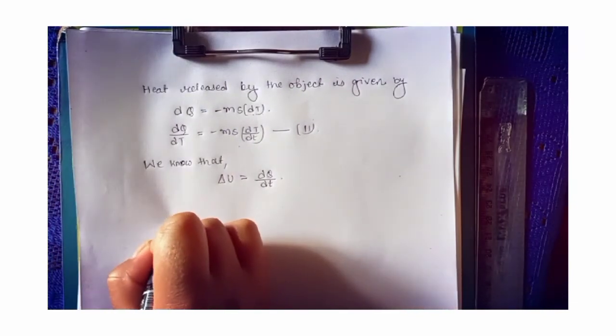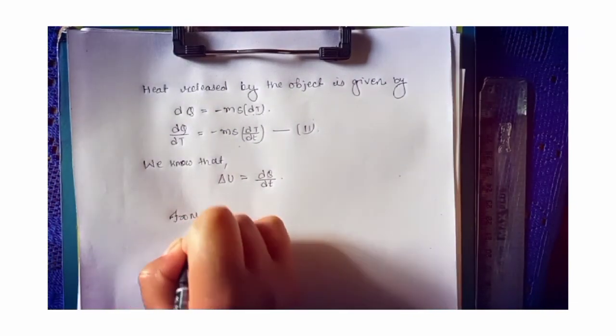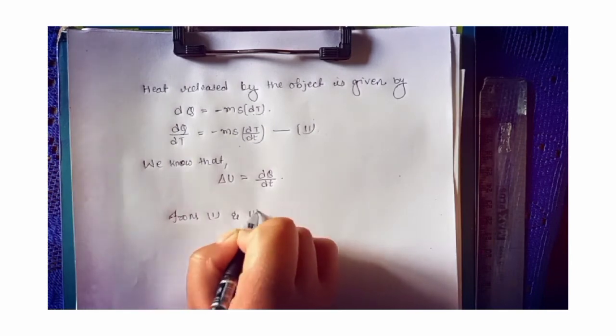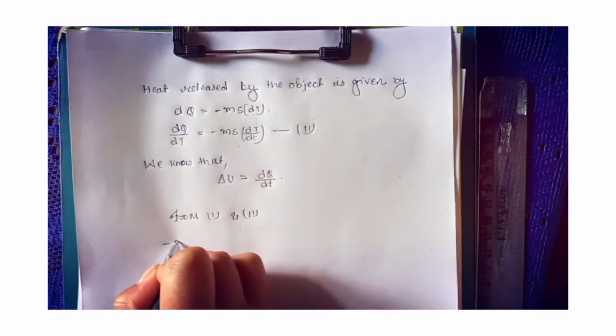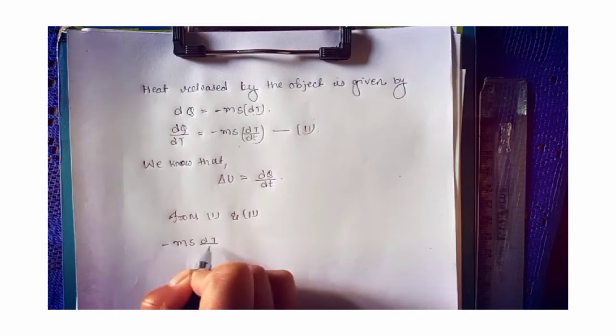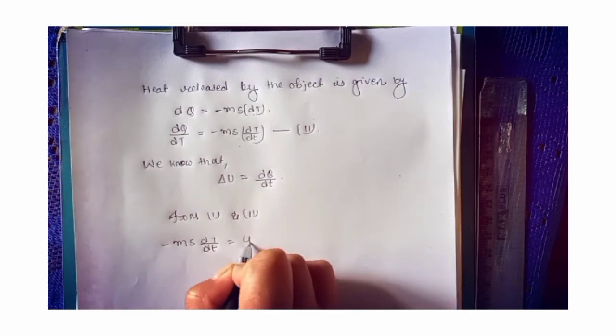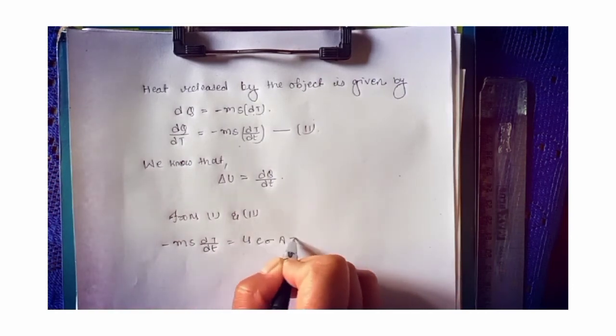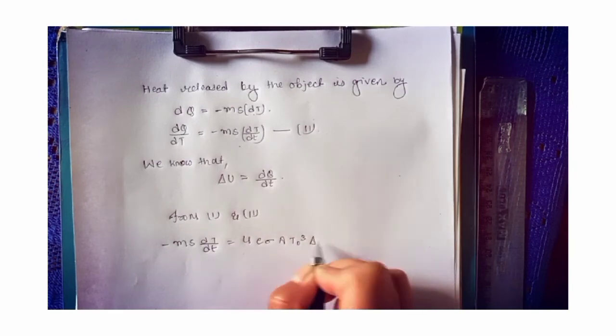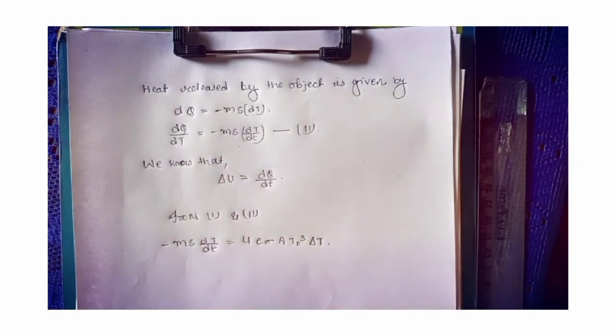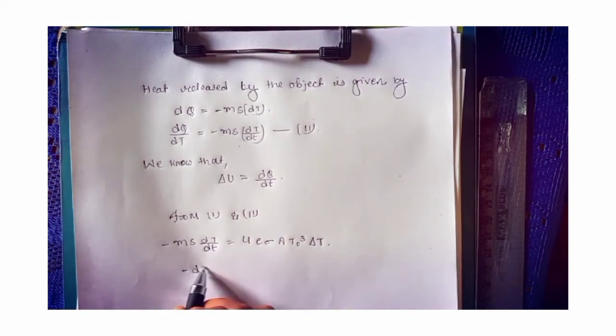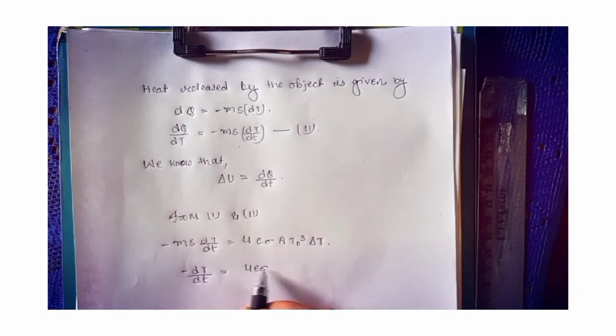From 1 and 2 we get minus of m s dT by dt is equal to 4 E sigma A T naught cube del T. Further, 4 E sigma A T naught cube by m s is the constant.